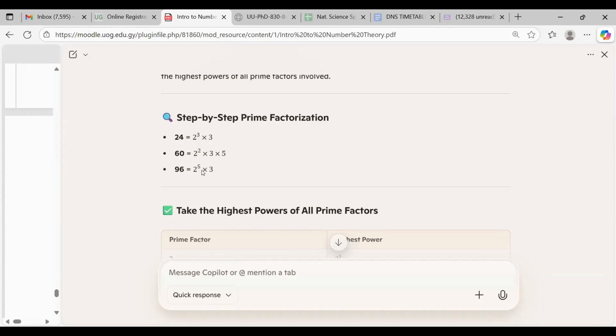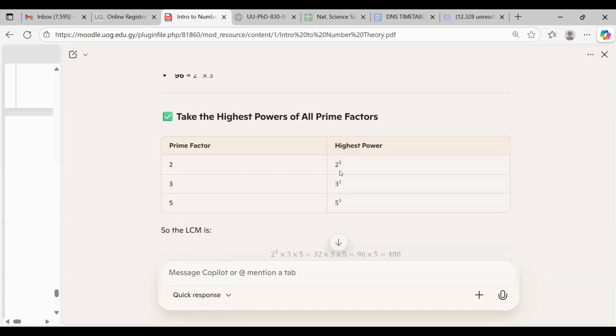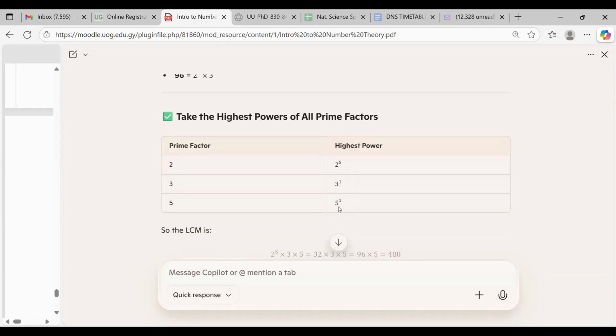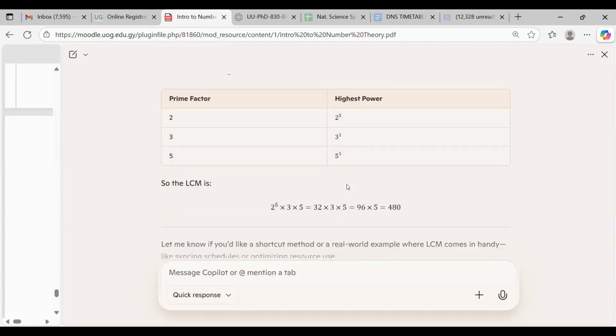And you take the highest power of each factor. 2 to the 5th power, they have it there. 3 to the 1 power and 5 to the 1 power, right? And I think this isn't a bad approach. In the textbook, there is even a third method, but this isn't a bad approach. You just use the highest power of each factor and you multiply. If you like this method, adopt it.